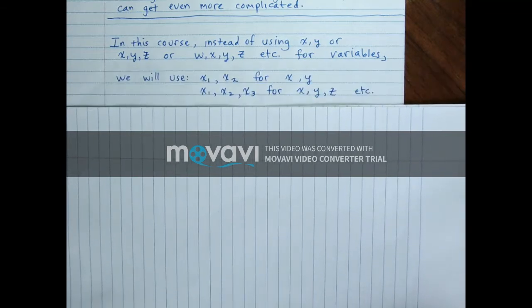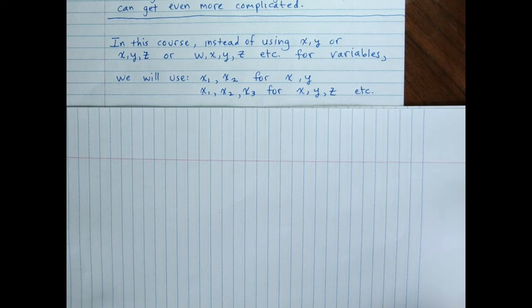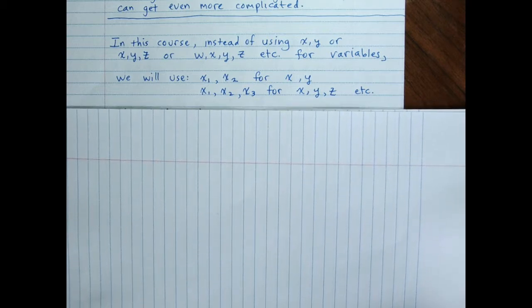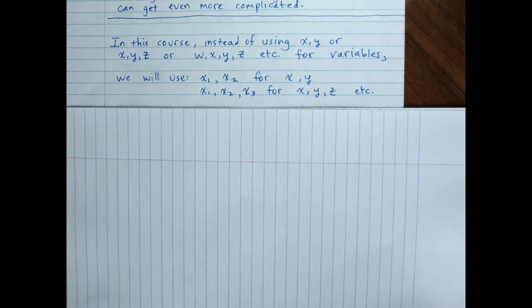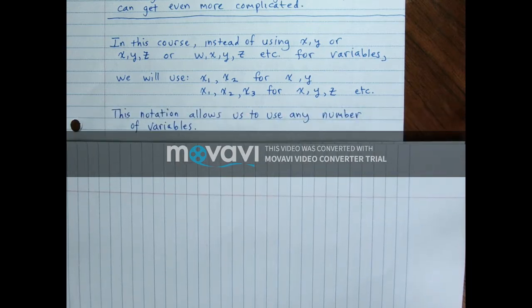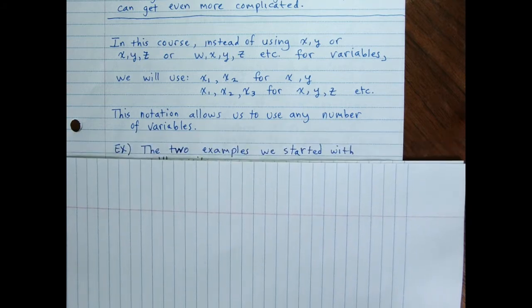A point about notation. Instead of using x, y or x, y, z or w, x, y, z for variables, we're going to start using subscripted x's. So we'll use x1, x2 for x, y, and x1, x2, x3 for x, y, z. This notation allows us to use any number of variables.